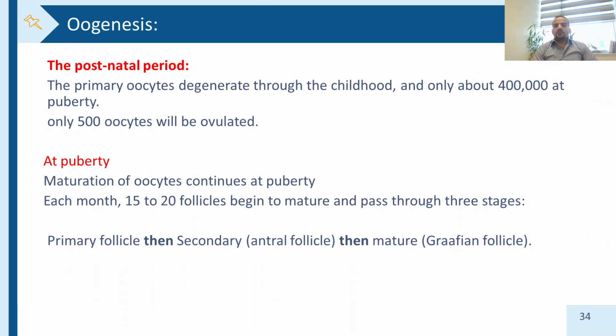During the postnatal period, from after birth until the age of puberty, the primary oocytes continuously degenerate. When the female reaches puberty, only 400,000 remain in the ovaries, and of these 400,000 only 500 oocytes will be ovulated.